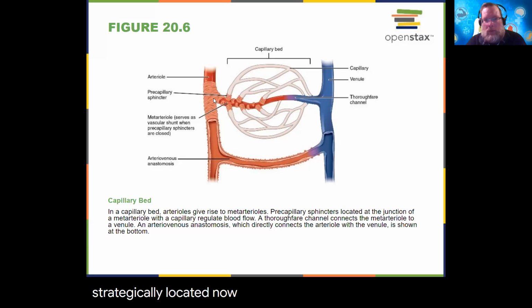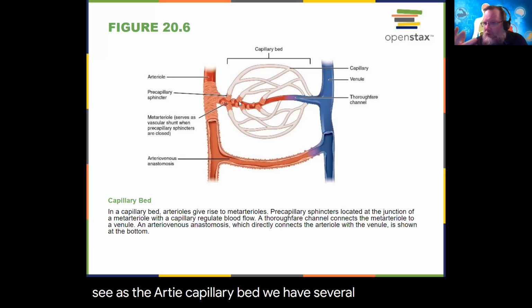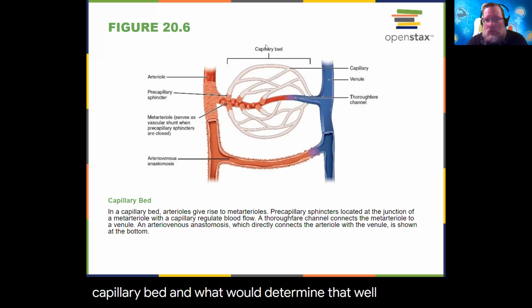Now, let's move away from that and go back to our capillary network. As the arteriole branches off and comes into the capillary bed, we have several little sphincters, and these little sphincters can regulate how much blood we're going to be sending up into the capillary bed. And what would determine that? Well, multiple things.